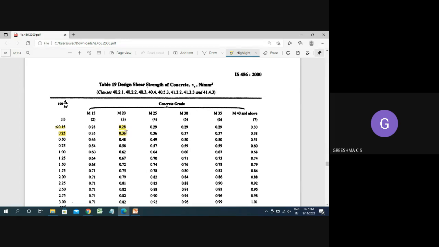Okay, so by interpolation, find out what value comes for 0.22, fast. From these two values, from 0.28 and from 0.36, interpolate and find out the value.